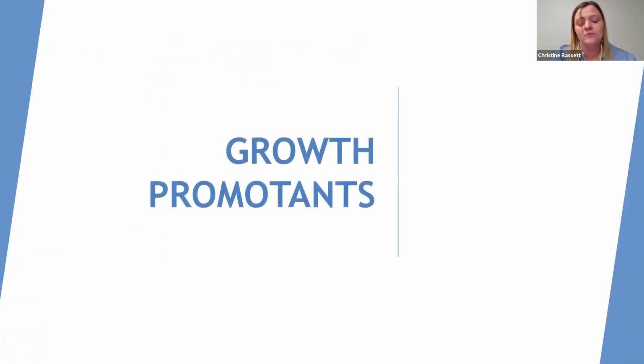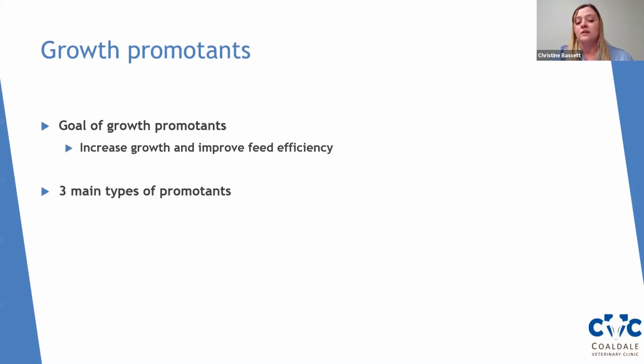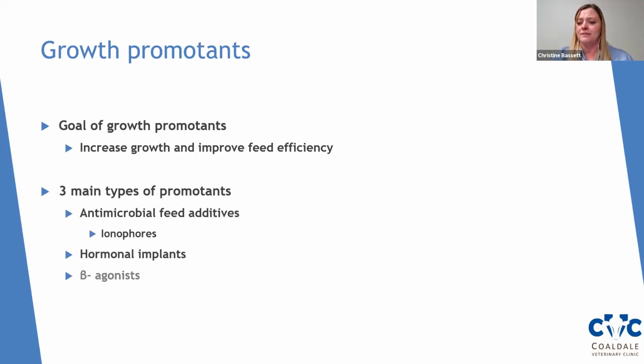And then a quick note on growth promotants. So the goal of growth promotants is to increase your growth and improve your feed efficiency. There are three main types of promotants used in beef production. Antimicrobial feed additives, and for today I'm going to just focus on ionophores, as well as hormonal implants.